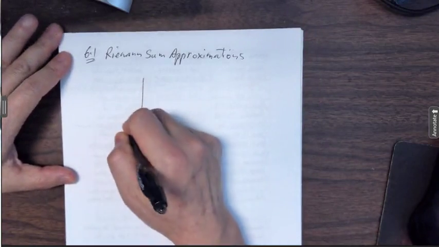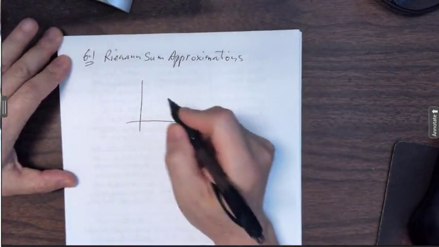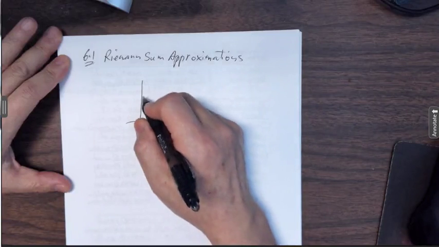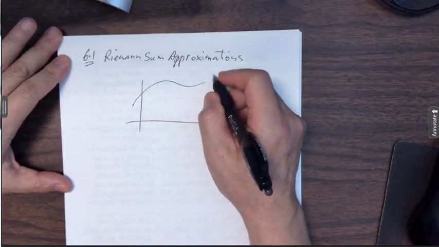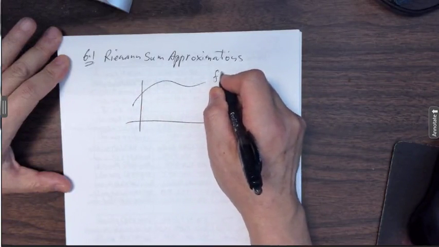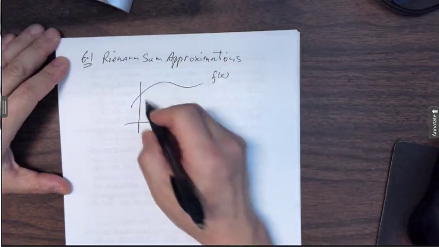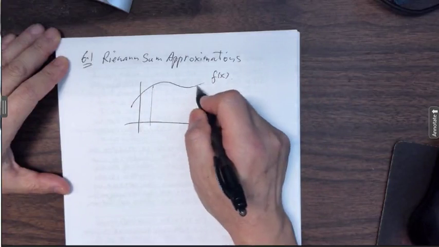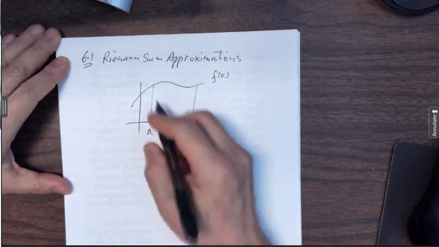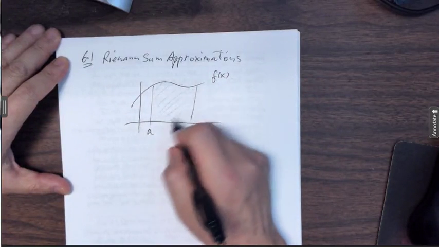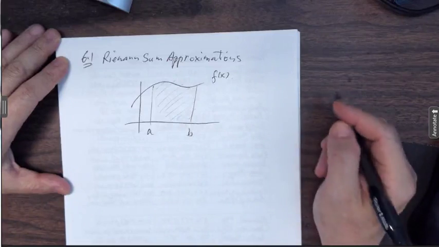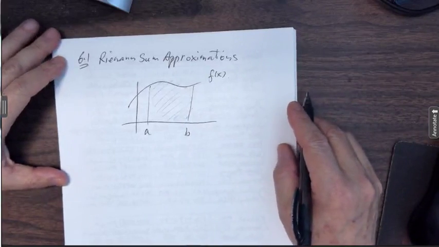In Calculus 1, or Math 140 at Penn State, we learned, given a function with the graph showing like this, say we want to calculate the area of the shaded region.